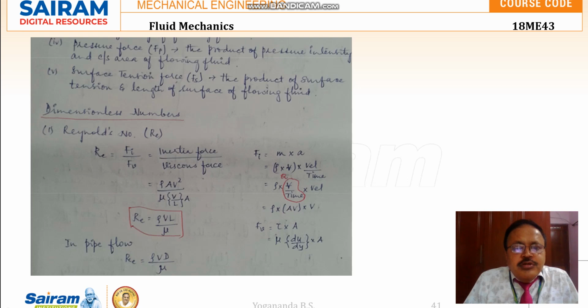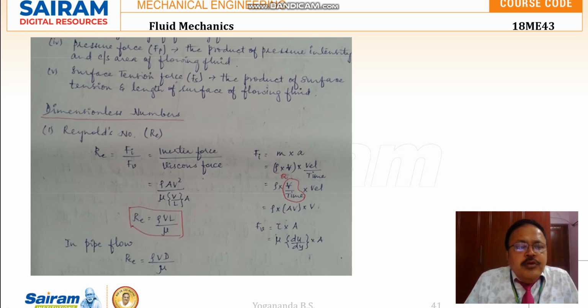Then viscous force. It is shear stress multiplied by the area. Shear stress by Newton's law of viscosity will be written as mu into du by dy into A. Here du is the change in velocity, so we are writing V, and dy is nothing but the length L. On simplifying, we have Reynolds number as rho VL divided by mu.